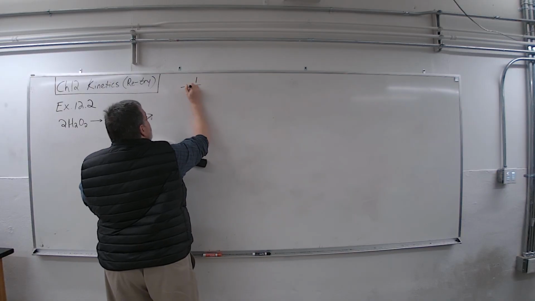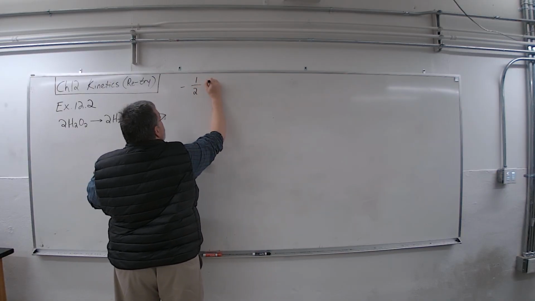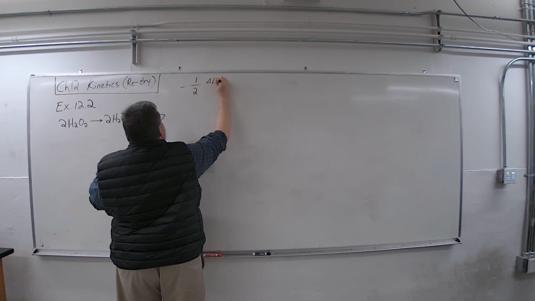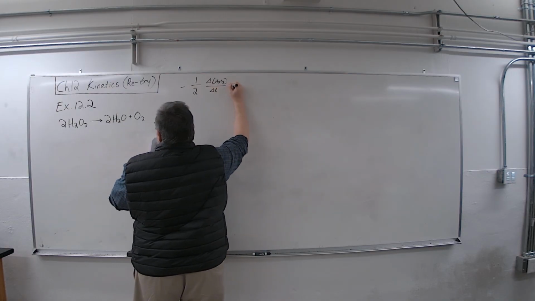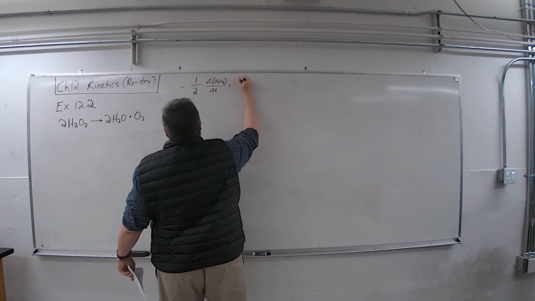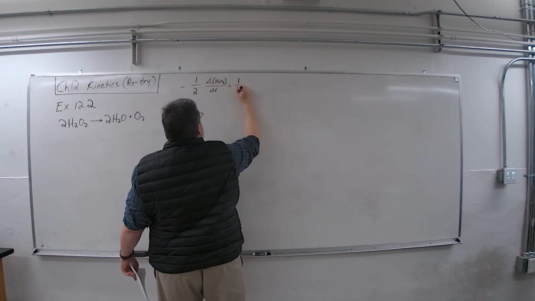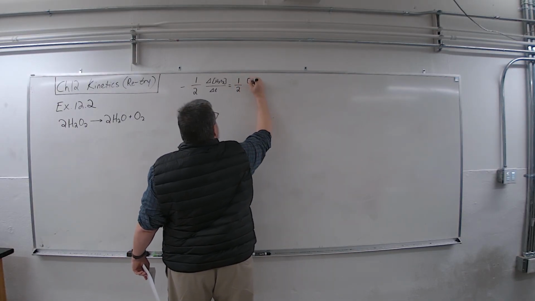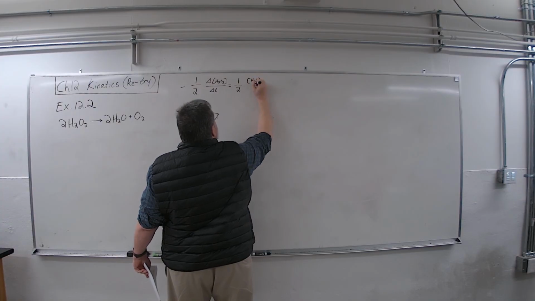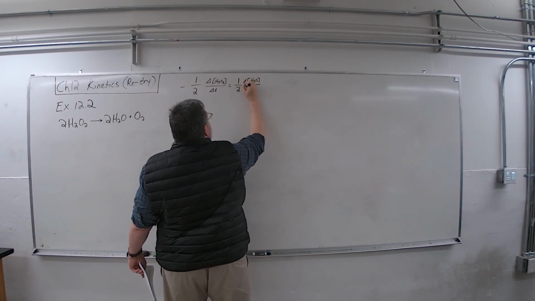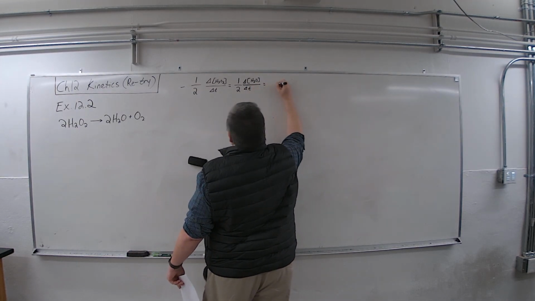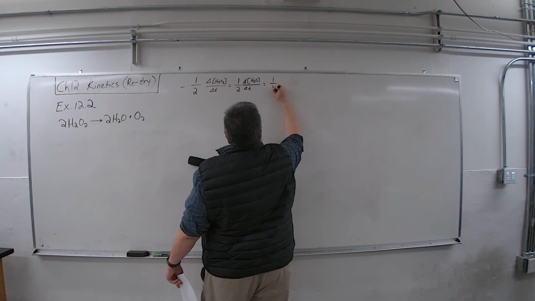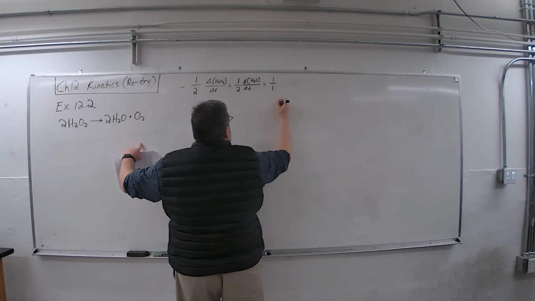And you would write -1/2 delta concentration of H2O2 over delta time equals, so now we're on the other side of the arrow, so I'm not going to put the negative in there. 2. I forgot the delta. Delta T. I'm still going to put 1/1, even though this is just a 1.